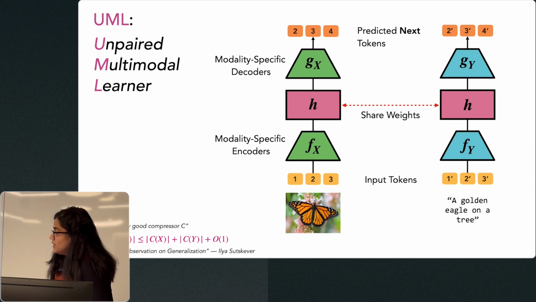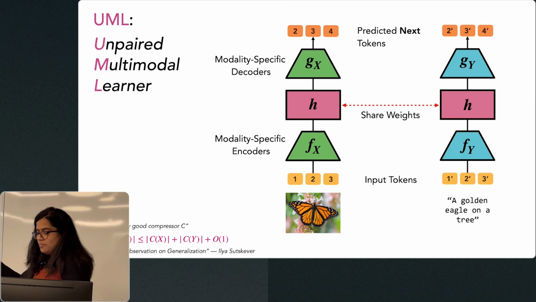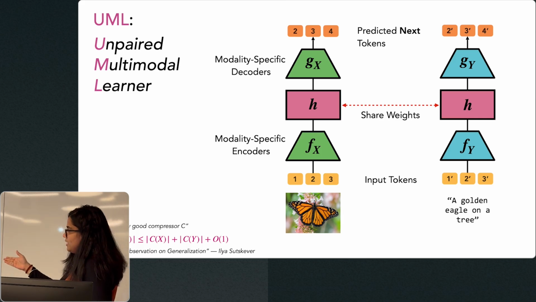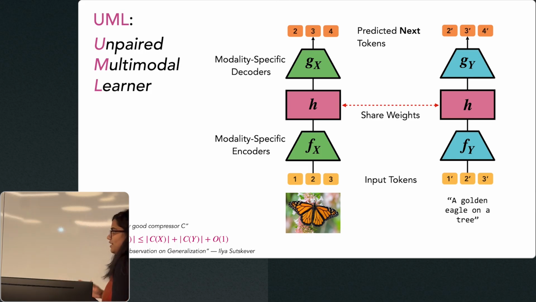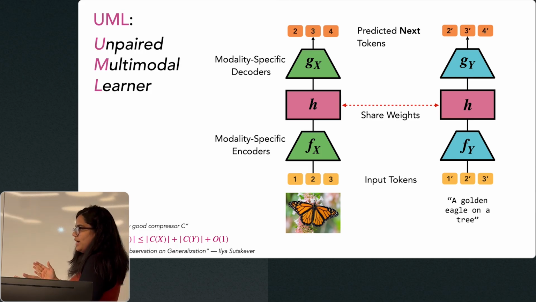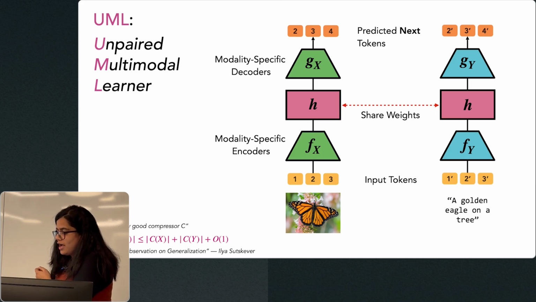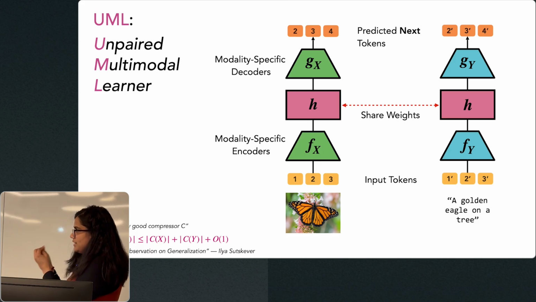Now, all I do is I force both the embeddings to pass through the same network H. So H is another neural network, but what you might be observing here is whether the input is an image or whether the input is a text, both of them go through the same network H. So the idea is that if there is some shared information between X and Y, H should be able to extract that and encode that. And as long as H does that, you can also have modality-specific decoders which take that joint information and convert it back into the tokens.